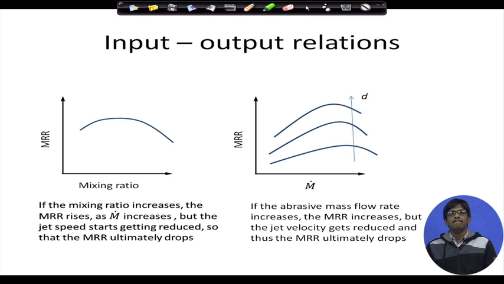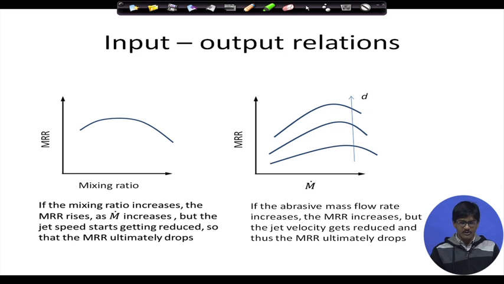Hence, if mixing ratio is becoming higher and higher, it means that the mass flow rate of the abrasive is increasing with respect to the mass flow rate of the gas.